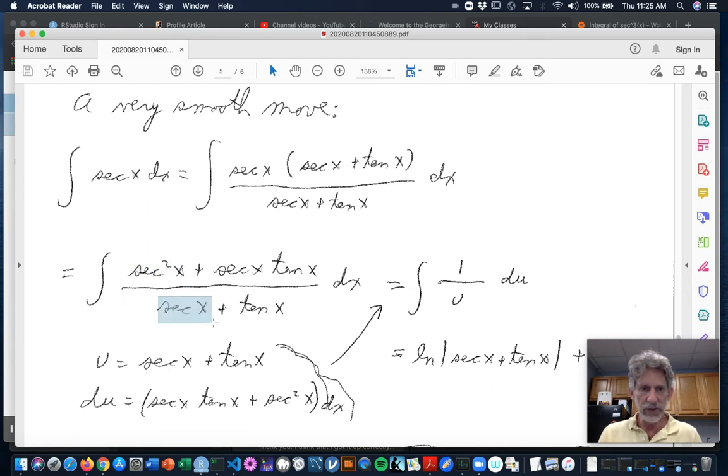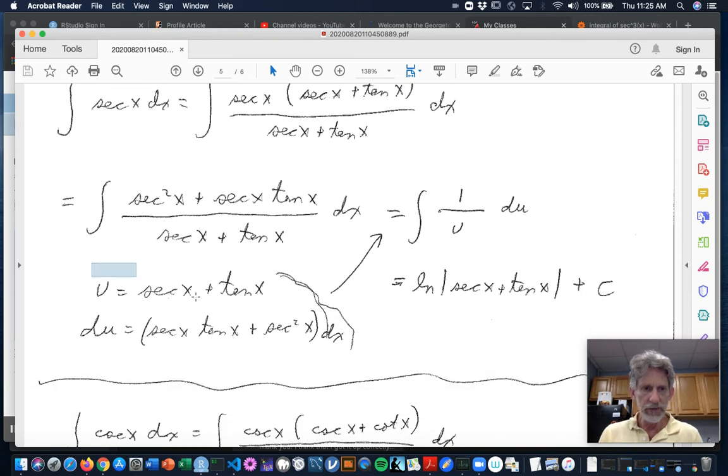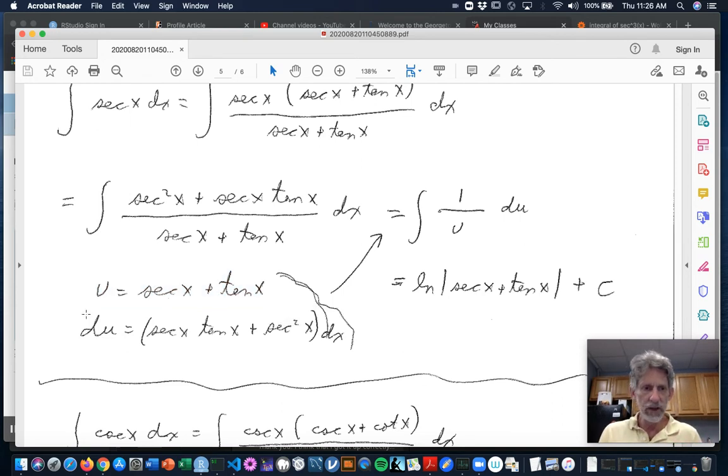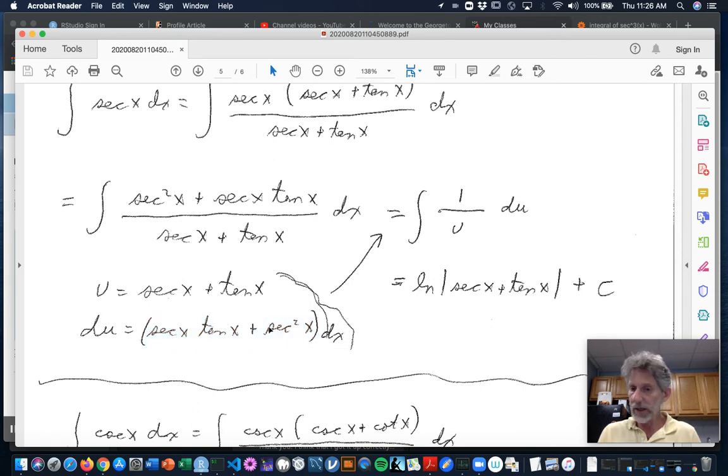And the derivative of secant x is secant x tangent x. The derivative of the bottom is the top. I could get myself into a 1 over u situation if I do a u substitution where u is secant x plus tangent x, the bottom. Du would be the derivative, secant x tangent x plus secant squared of x, times dx.